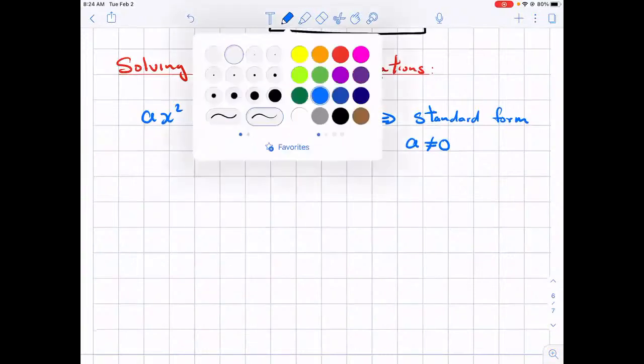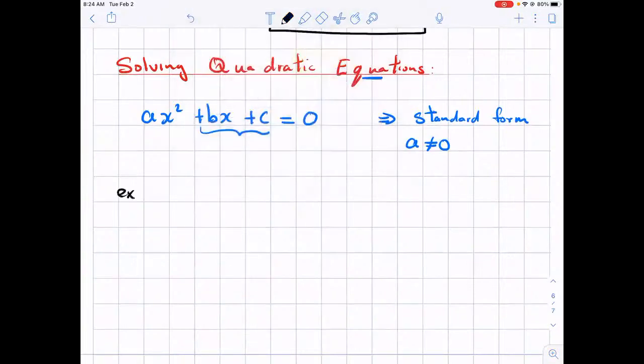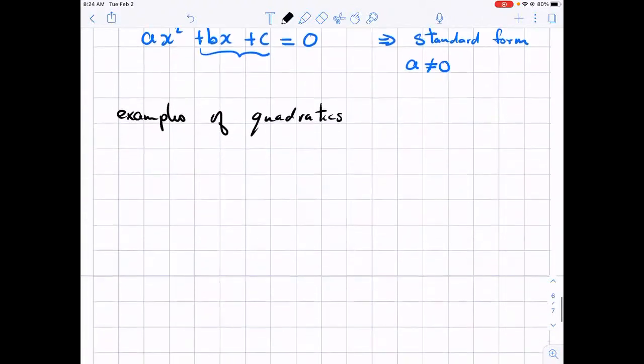So let's go back. I know we've done this before. Some examples of quadratics. We have 2x squared plus 3x plus 1 equals 0. Or we have 5x squared is equal to 2x minus 1.